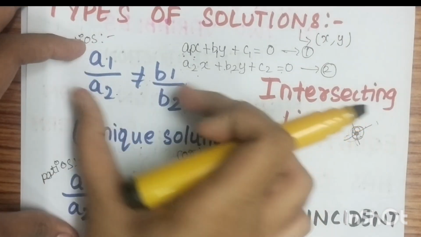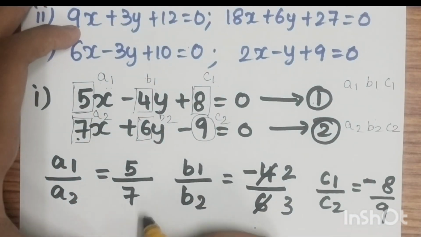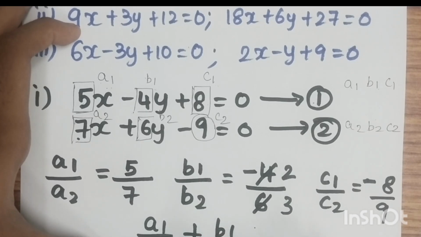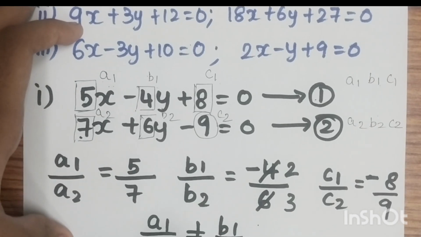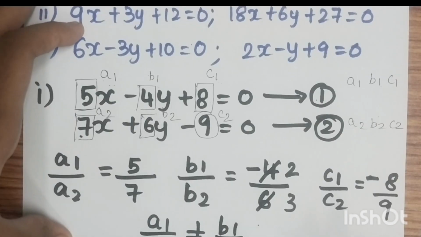My first case itself satisfies my equation. So I can write a1 by a2 is not equal to b1 by b2. So it has a unique solution. So the pair of linear equations represent intersecting lines.